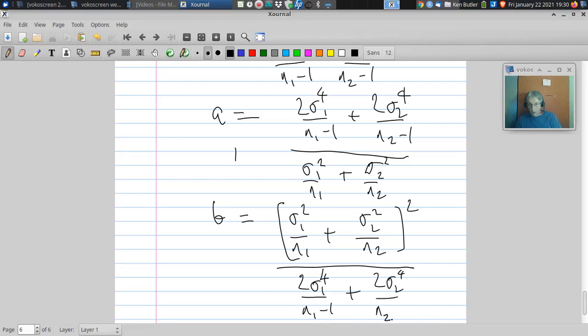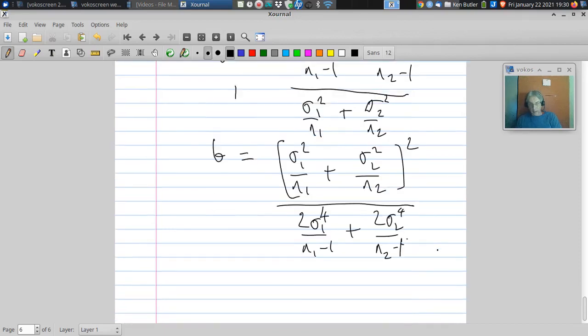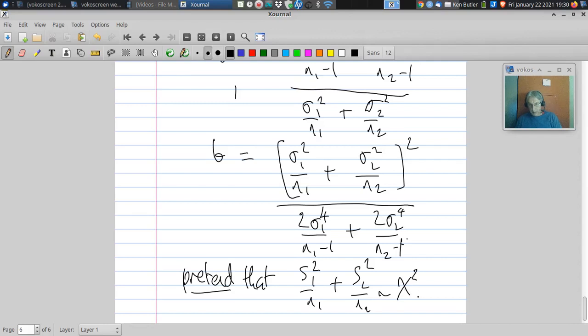And you can see how ugly this is becoming. This was back in the 50s. They had to be rather patient to work this out. So we pretend, and we are pretending, we have to bear that in mind, that this thing is chi-squared with that b degrees of freedom that we just worked out.